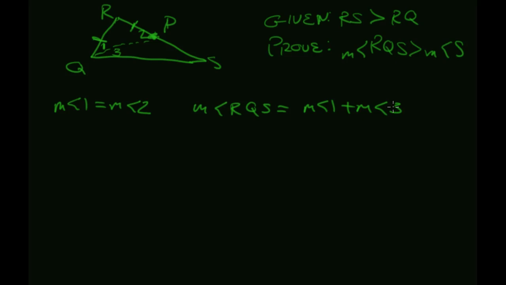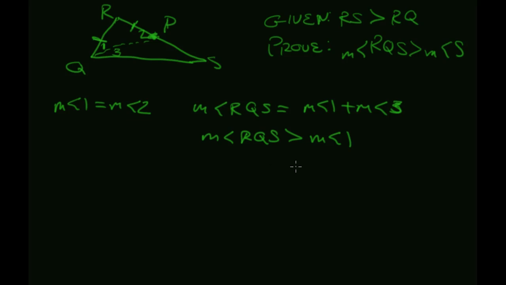Okay, so from here we know that the measure of RQS has to be bigger than the measure of angle 1. Because if I'm adding angle 3 to 1, this has to be bigger than 1 all by itself. So if RQS is the sum of these, it has to be bigger than the measure of angle 1 just by itself.